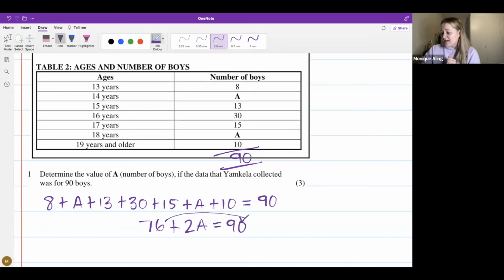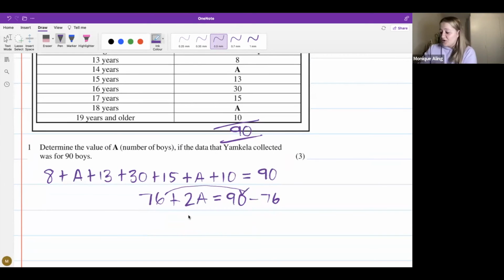Because it's a positive 76 here, it becomes negative 76 on this side. So 2A is equal to 14, 90 minus the 76. And because there's 2 A's, I'm going to divide by 2. So A is equal to 7.